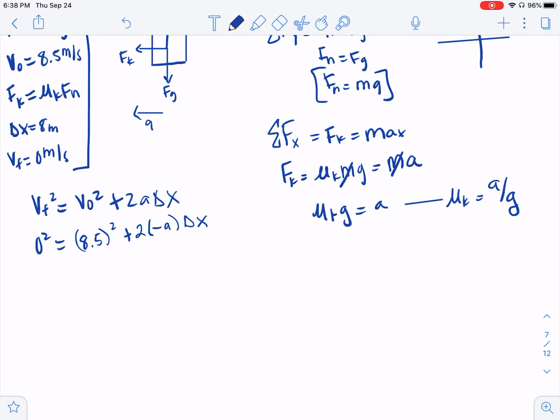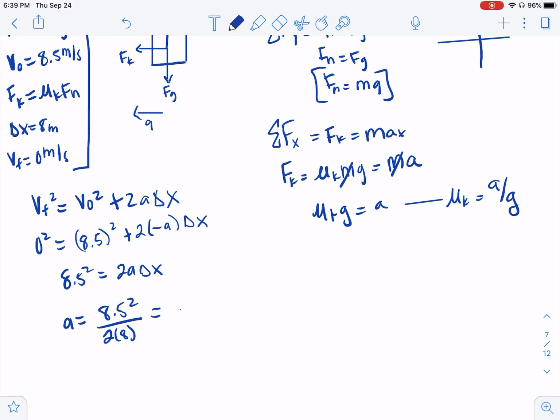I can go ahead and solve. That's going to give me 8.5 squared equals 2a delta x. The big thing there was just making sure that these end up being consistent when you move them. Now they're both positive. So we say acceleration is equal to 8.5 squared divided by 2 delta x, and I do know delta x is 8.